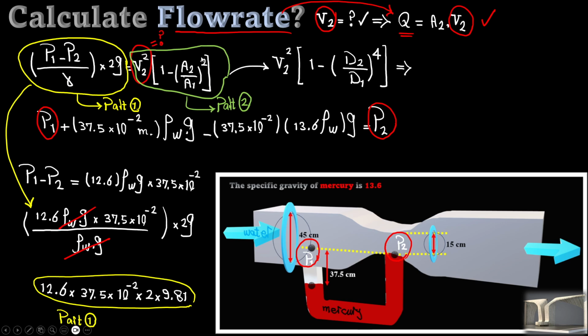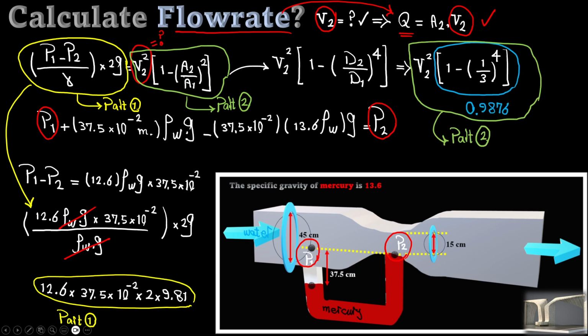So this part is V2 squared times (A2 over A1) squared, which is (d2 over d1) to the fourth. Definitely d1 is 3 times bigger than d2, so d2 over d1 is 1/3 to the fourth, and if you do the math, it gives you part 2.